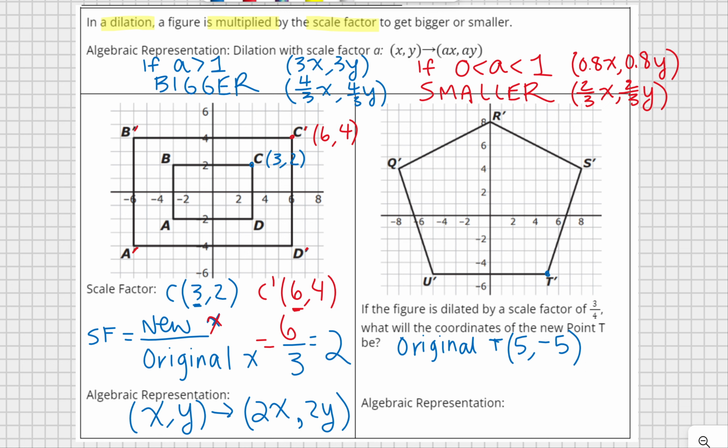And to find where T prime would be, or actually the new point T, we'll just call it new T, we're going to multiply each of the x and y values of this point by our scale factor, 3/4. So it would be 3/4 times 5 for the x and 3/4 times -5 for the y.